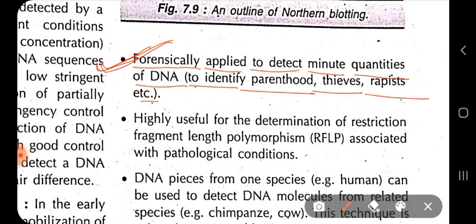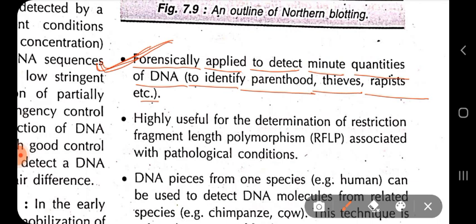But at a crime site where a crime is taking place, like theft, murder, this type of event, there we get a very little amount of DNA. That little amount of DNA is used as a probe. Actually, first we have to amplify it with PCR, the polymerase chain reaction, and then we use it as a probe so that it can bind complementarily with the target DNA.